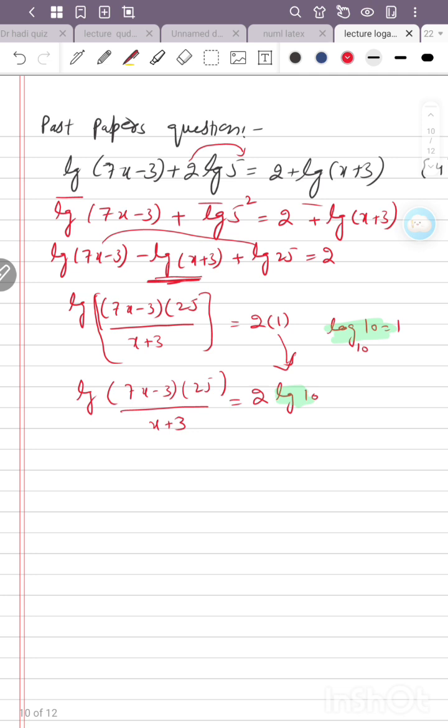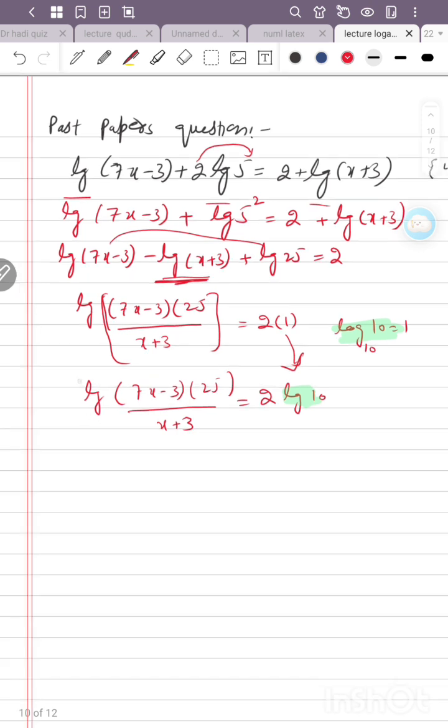Now move forward. This log and this log cancel each other. We have remaining 7x minus 3 times 25 divided by x plus 3, and here 2 log 10.